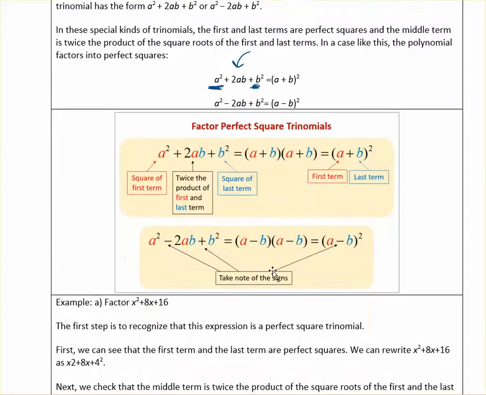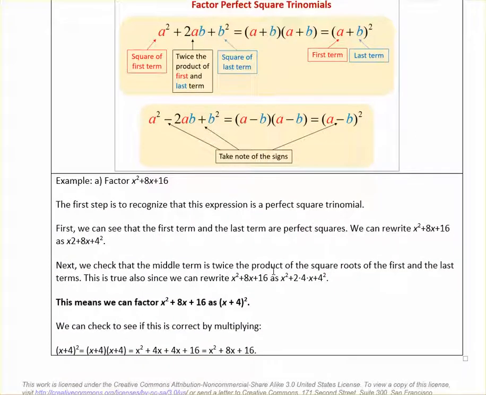Let's look at an example. Okay, x squared plus 8x plus 16. You can factor this one of the other ways that we have learned, or you can say, hey, look, this is a perfect square because x times x equals x squared. This is a perfect square because 4 times 4 is equal to 16, and 2 times 4 times x equals my middle term.